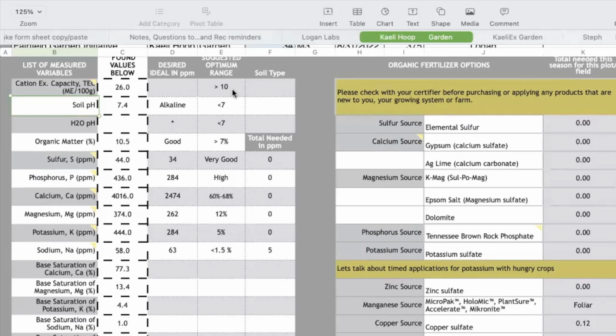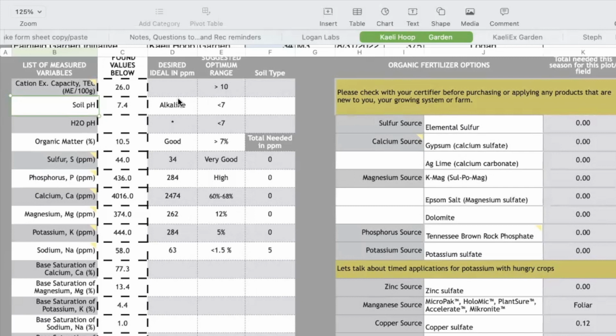And so when we have clay as a part of our soil texture, which we do in our area, that clay is negatively charged, and it plays a big role in how our soils are able to hold on to nutrients.